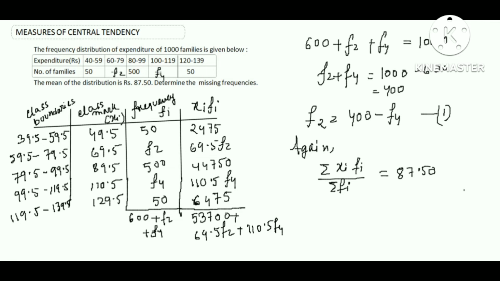Now we can replace the value summation of Xi Fi with this value: 53700 plus 69.5 F2 plus 110.5 F4 divided by the total frequency 1000, and that is equals to 87.50.